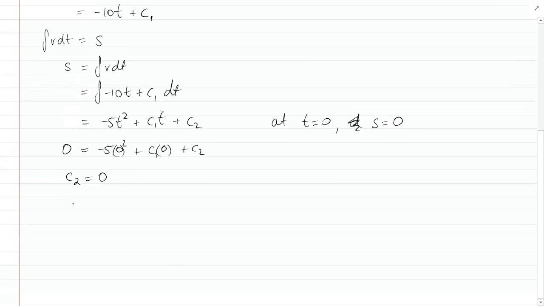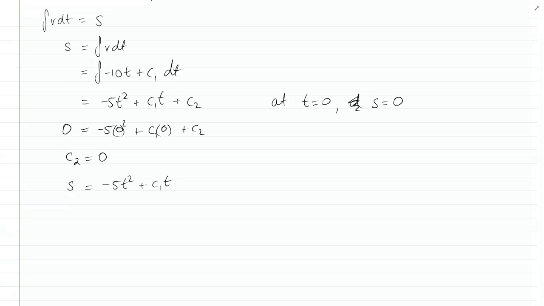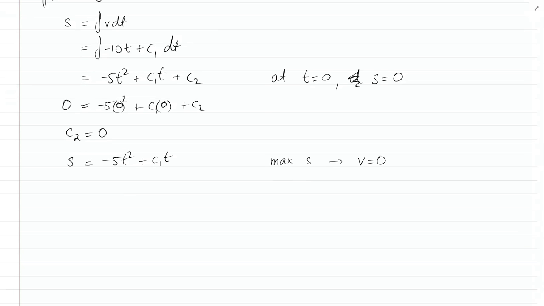So now we have our displacement s equal to negative 5t squared plus c1t. What we know is that at the maximum displacement, max s, the velocity equals 0. And we can use this fact to help us.